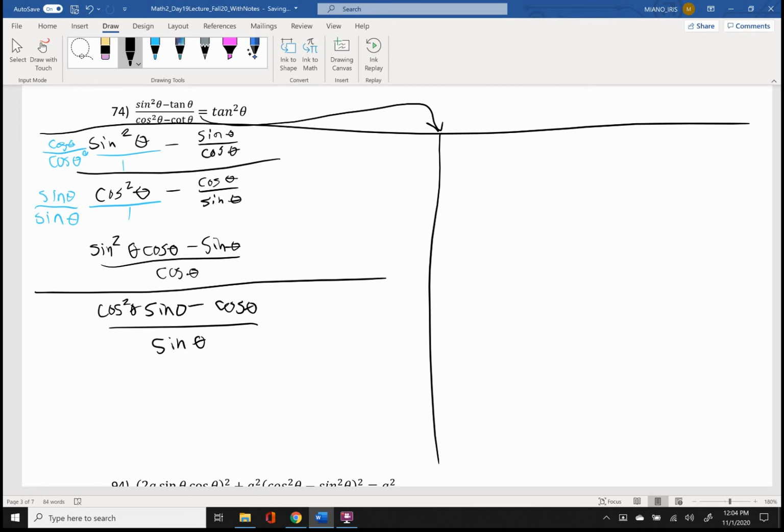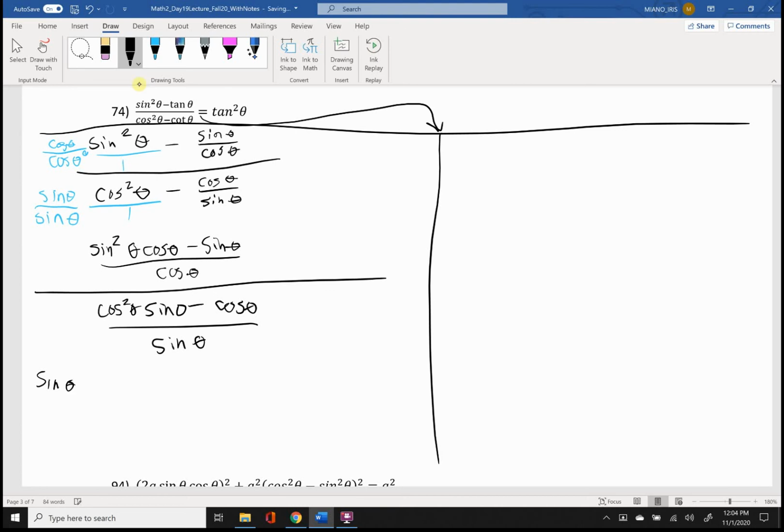Okay, and then I did some keep, flip, change, and clever factoring. So I kept this guy up here. I'm dividing by this rational expression, so I'm going to change it to multiplication and flip this one over. So stay with me, folks. Also, for each of these numerator bits, which this one's about to become the denominator, I factored out the common either sine theta or cosine theta.